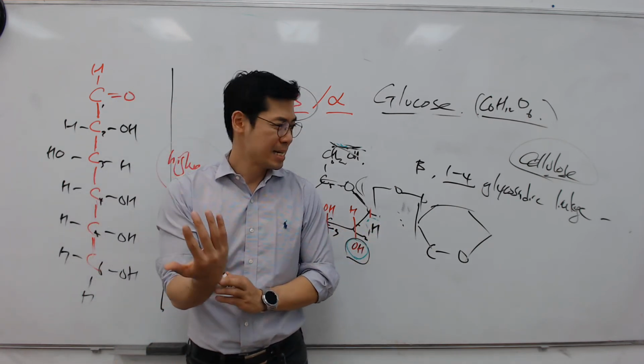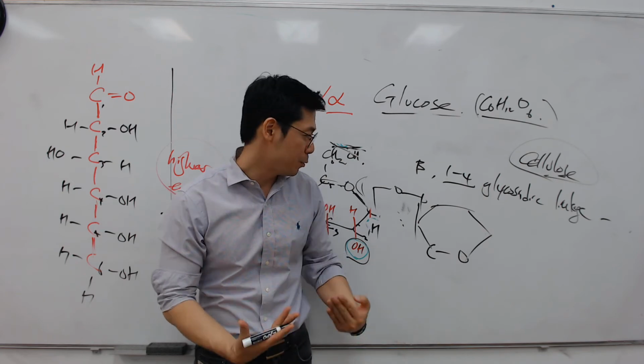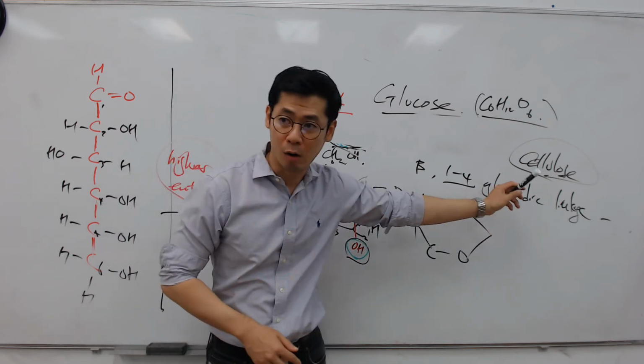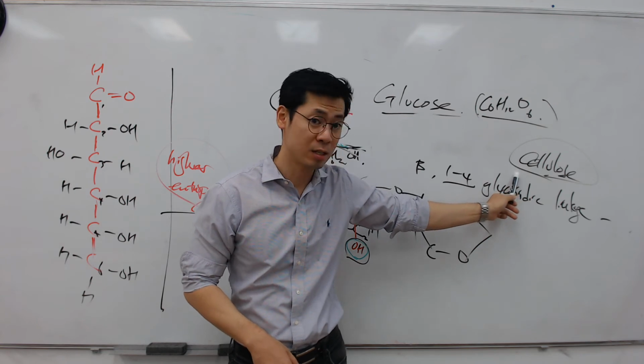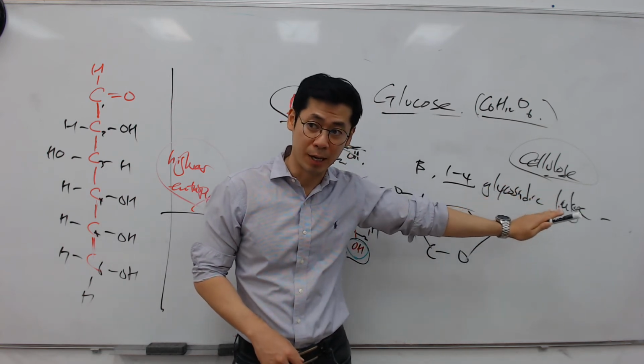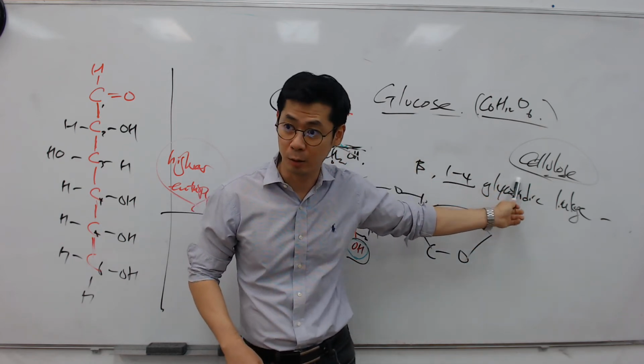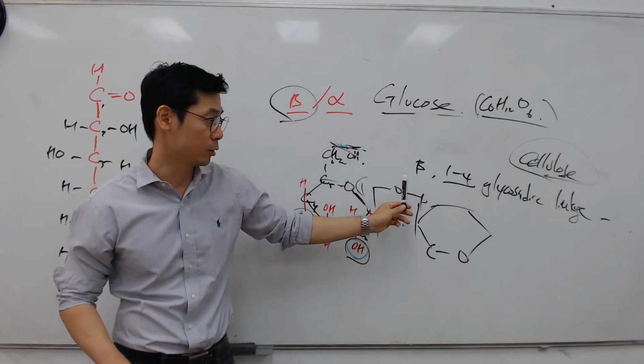But when plants were first able to produce cell walls, for millions of years there was nothing able to break down cellulose, because nothing had the enzyme to break down the beta glucose linkage.